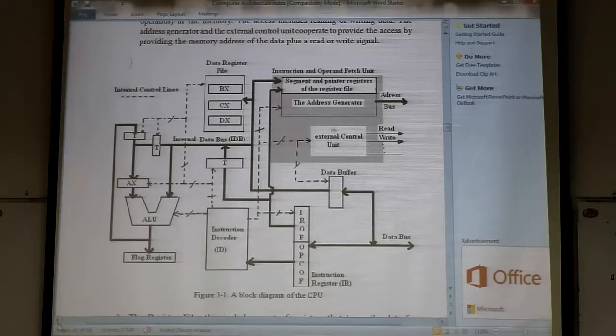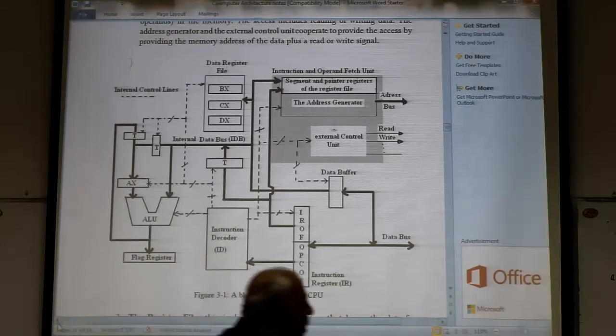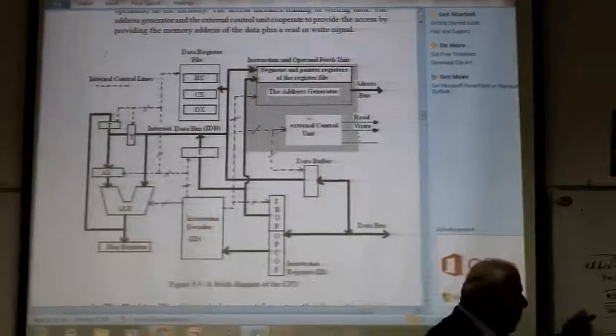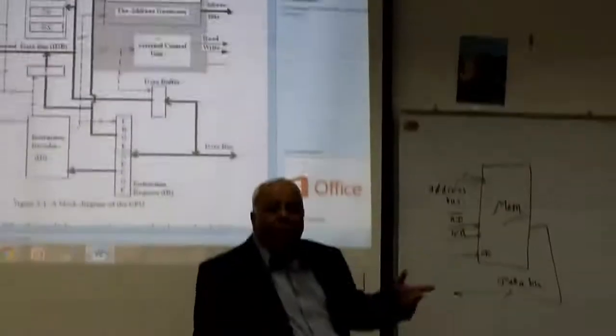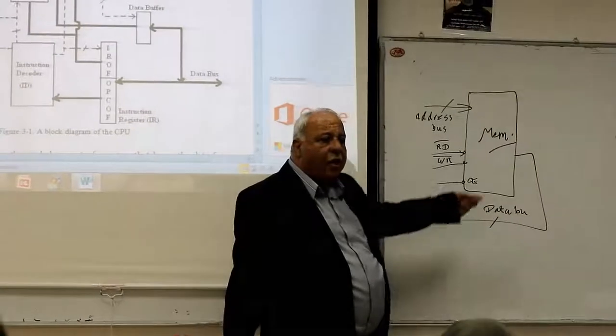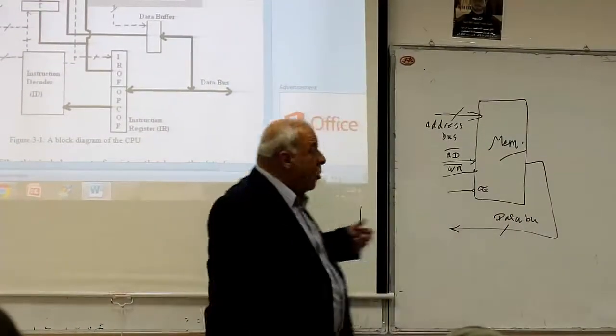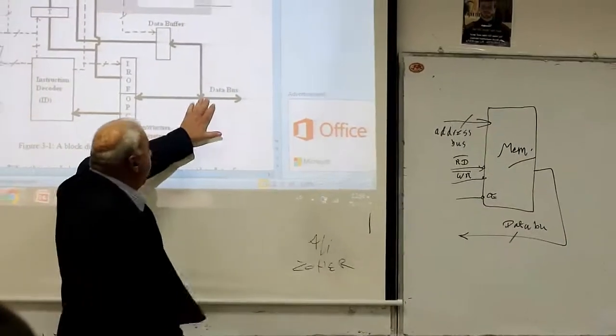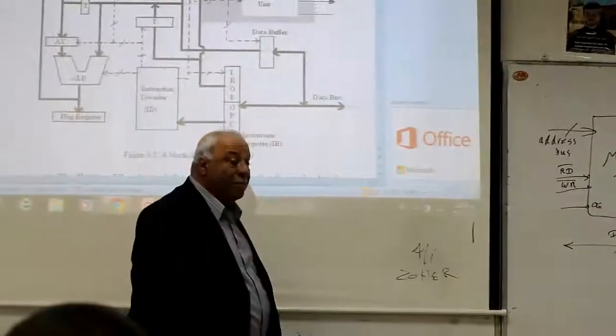We need to picture an instruction residing in certain memory location or locations, and we present the address of that location with a read signal. The memory responds by presenting the instruction on the data bus to the processor.